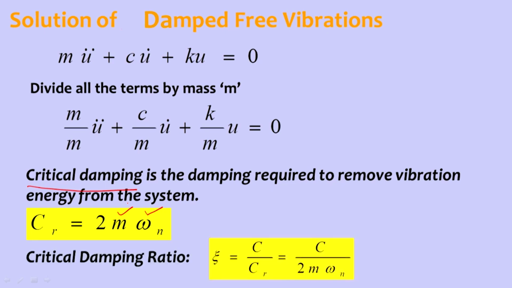Now the ratio, that is, the percentage of damping present in the system compared to the critical damping, is C by Cr. We introduce a new term called zeta, the ratio of critical damping. Substituting Cr, zeta equals C by 2 m omega n.